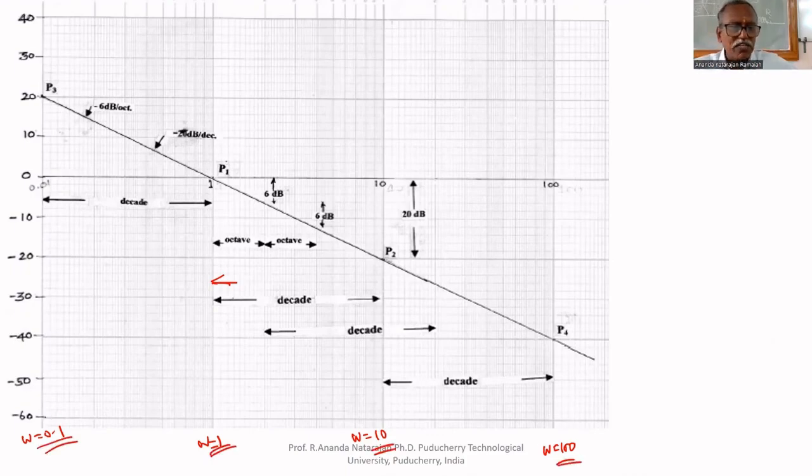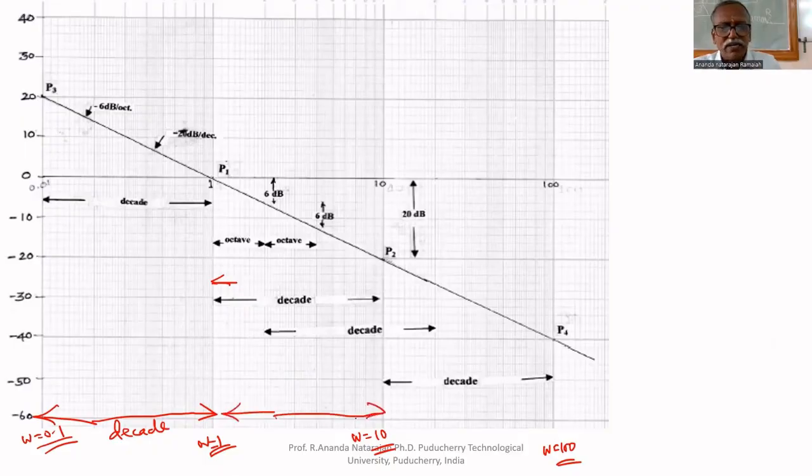What is the distance between these two? The distance between 0.1 and 1 is 1 decade. Already we have seen. Between omega equal to 1 and omega equal to 10, the distance is called 1 decade.